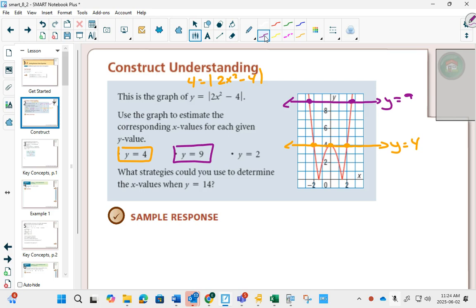So we'll learn how to use a graphing calculator or Desmos to do this. We'll also learn how to do it algebraically. And if you had y equals 2, which I'll do in bright yellow, there'd be 1, 2, 3, 4 different solutions for this. And you would have to find all 4 of them.